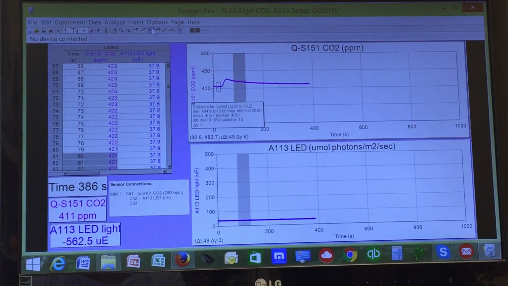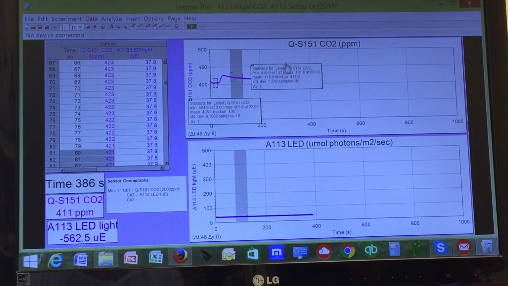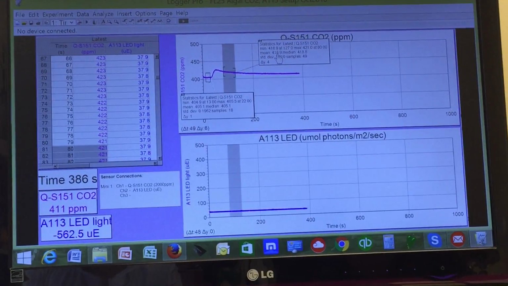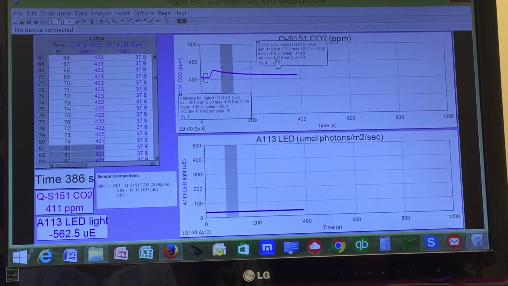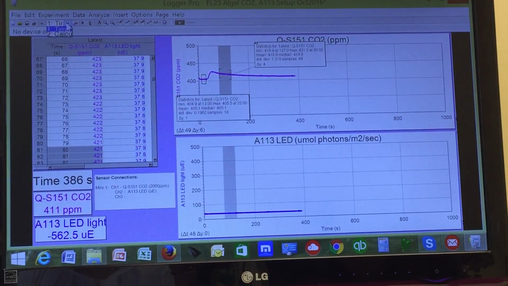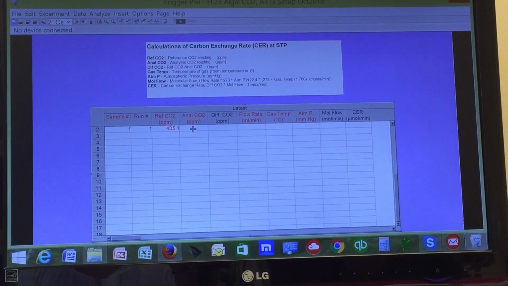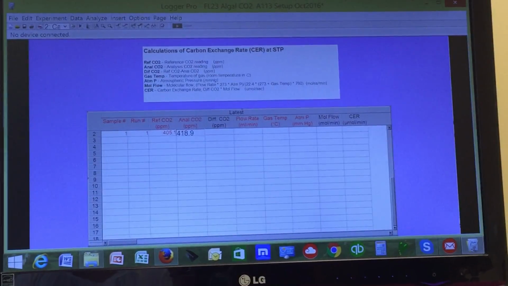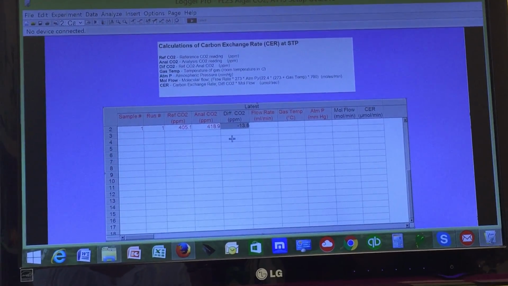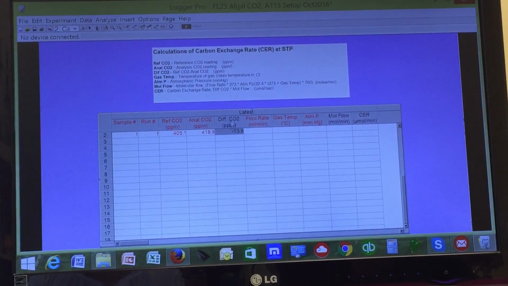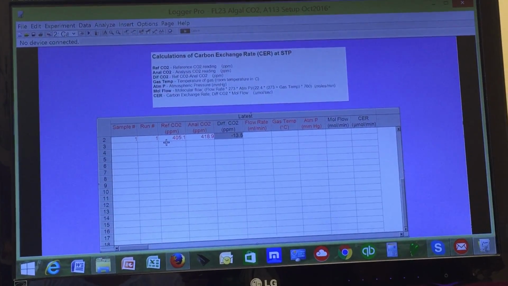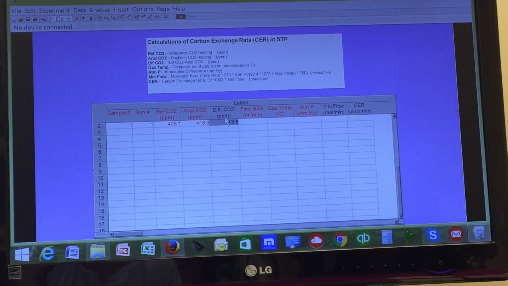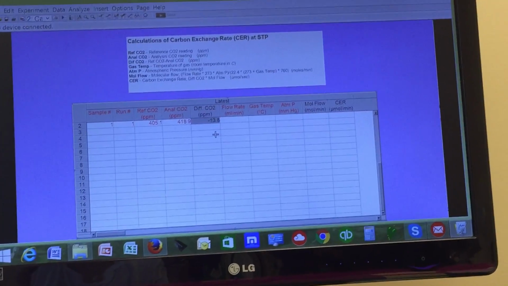You again go to statistics. This will provide you with your mean value for this region of data, 418.9. We go back to our analysis, 418.9, enter, and you can see the differential CO2, so the difference between analysis and reference is automatically calculated. So there's 13.8 parts per million of CO2 that's being released from that water.